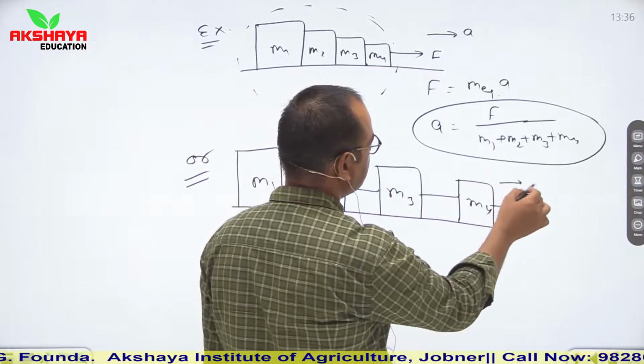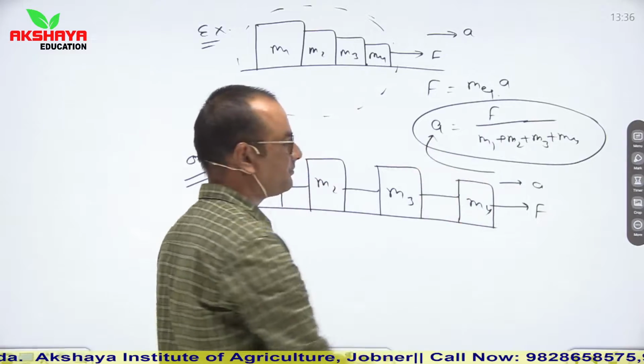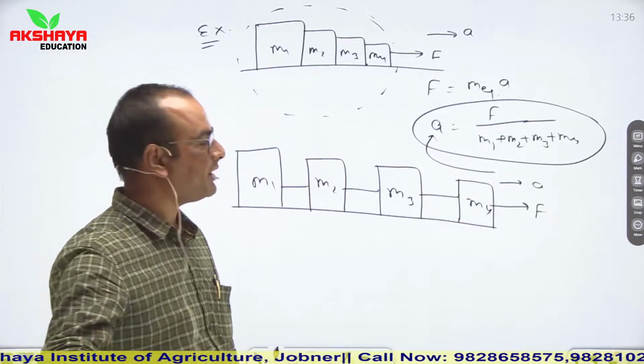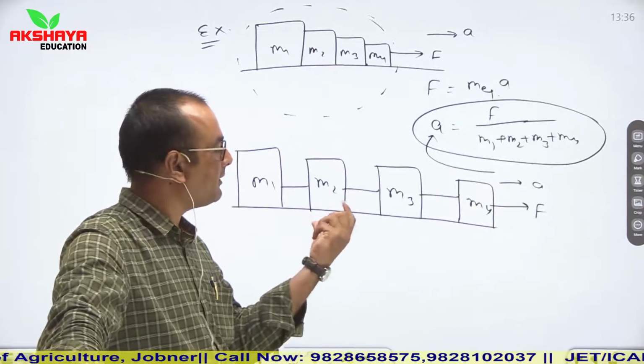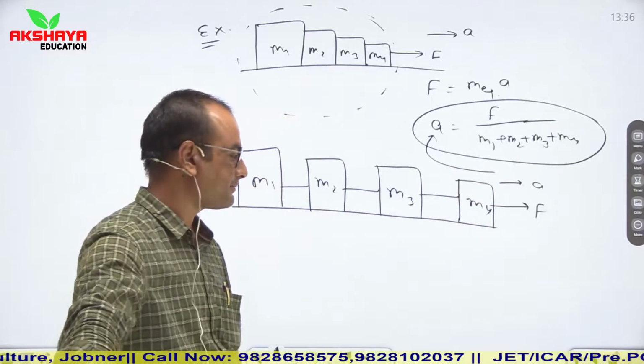So net relation of acceleration is same, this one, A is equal to F upon M equivalent. So this is direct concept which we have to remember to solve the questions.